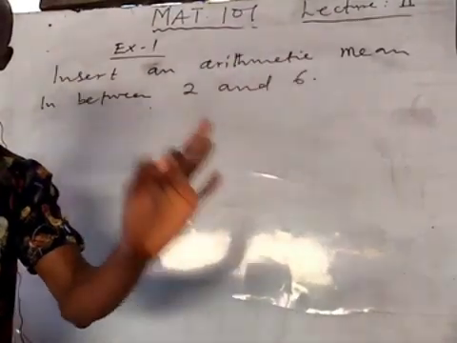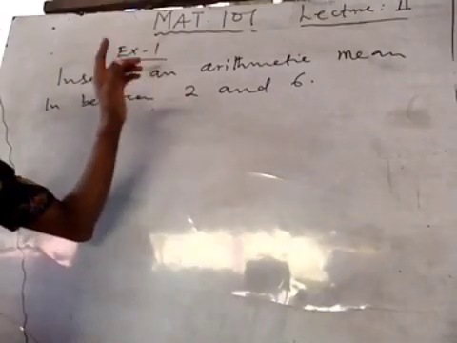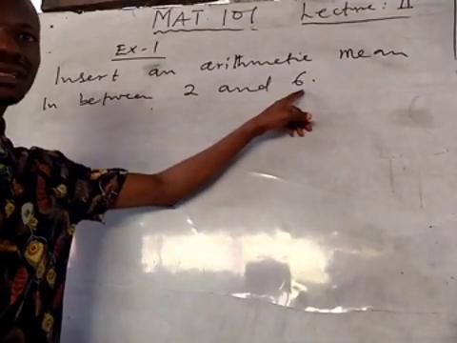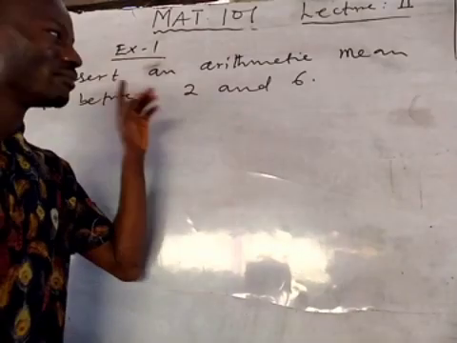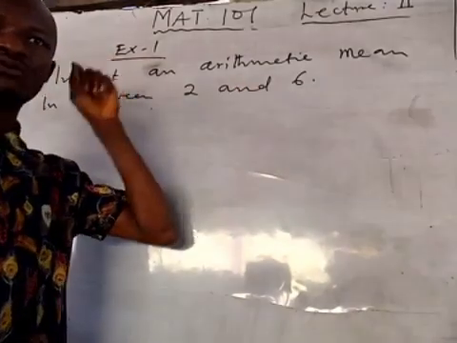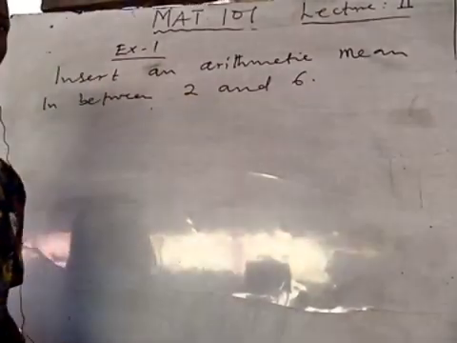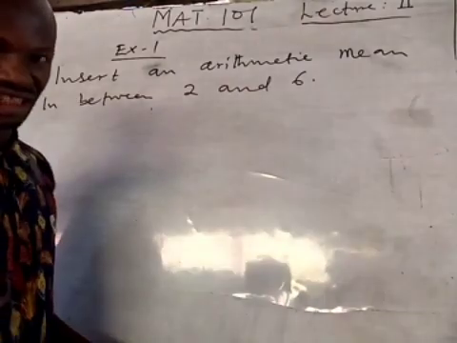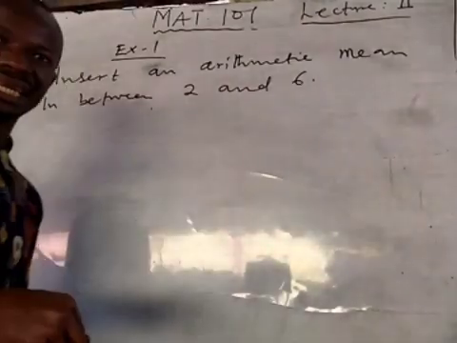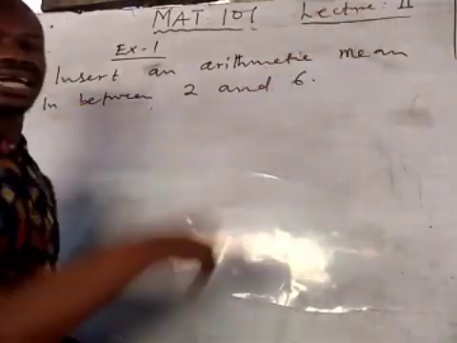Remember what I told you in this lecture: whenever you are given two numbers, when you insert the arithmetic mean of these two numbers in between them, you are going to form a sequence in arithmetic progression. So we are going to use this ideology to determine the mean that can be inserted in between 2 and 6 to form a linear sequence.